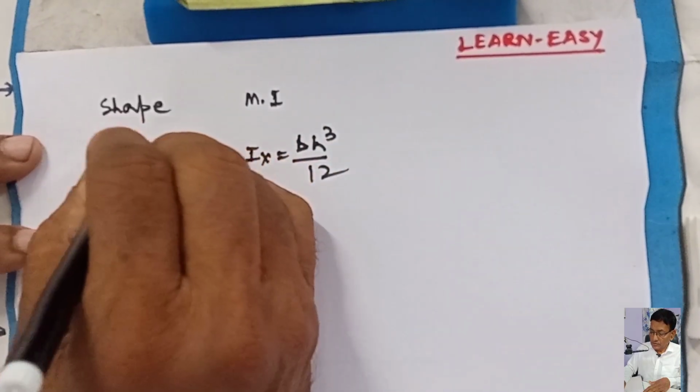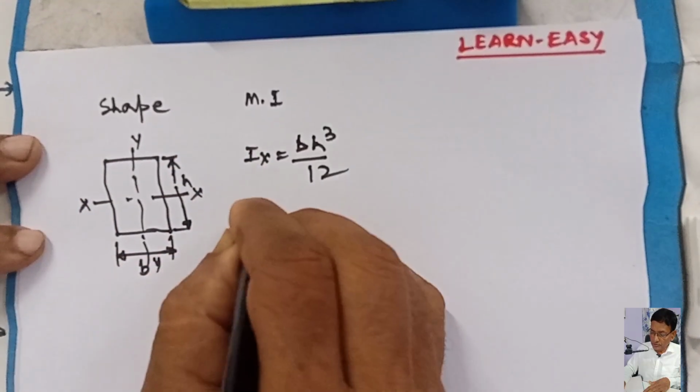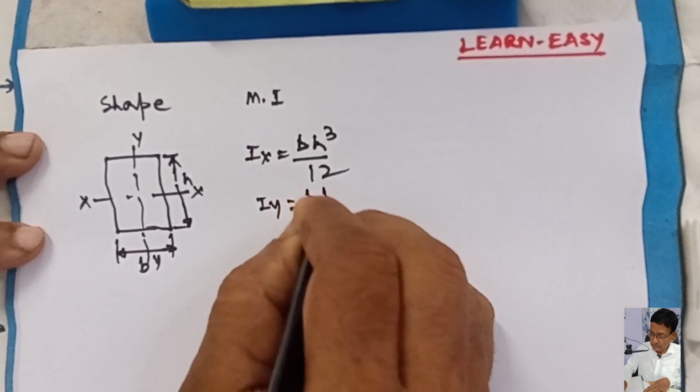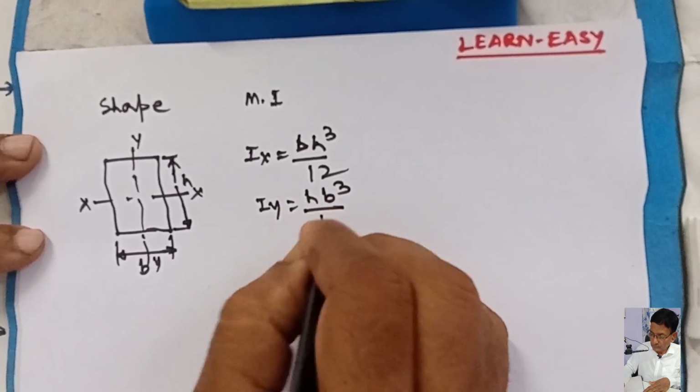Similarly, Iy is equal to H B cube by 12.